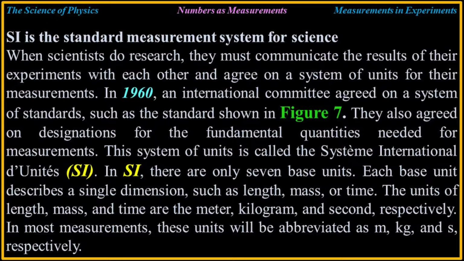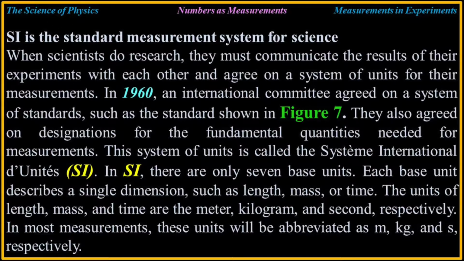SI is the standard measurement system for science. When scientists do research, they must communicate the results of their experiments with each other and agree on a system of units for their measurements.